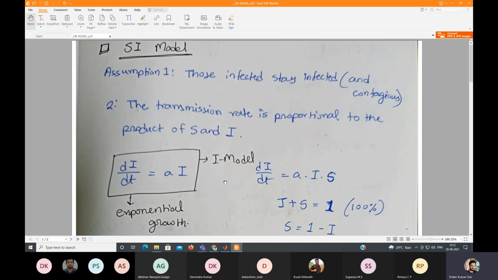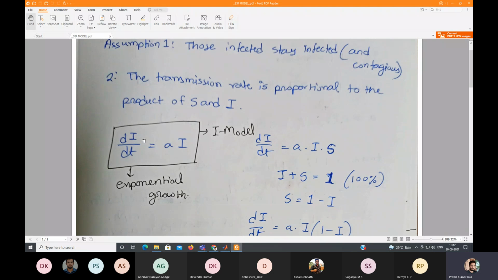Basically, here we are working with three variables: one is S, one is I, and one is R. You can call them state variables. I means the number of infected people.